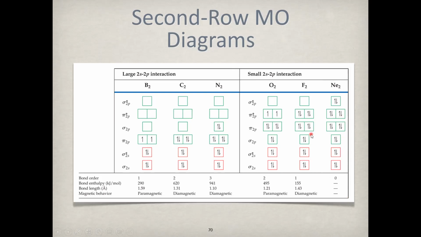But when we move to fluorine, if you think about it, each fluorine atom is going to have 1 less electron than the neon will. So if we've got 2 total, we should have 2 electrons less. So that's why we're just missing this top anti-bonding orbital.